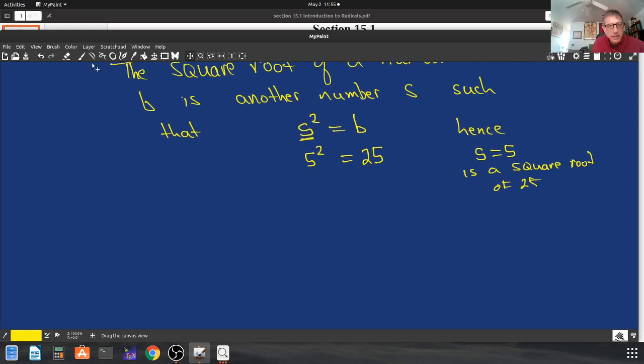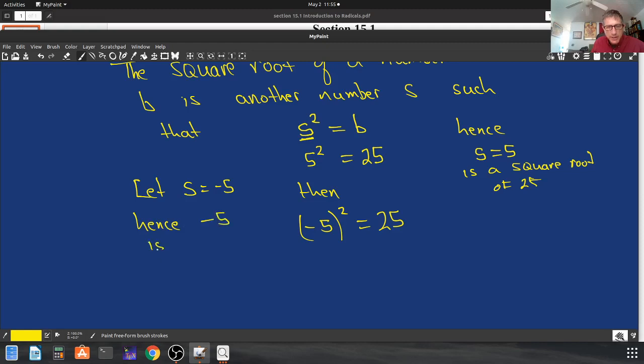Let's do one more thing here before we look at some examples. I want to show you that every positive number has two square roots. Let s equal minus 5. Then minus 5, that's our base, squared, is also equal to 25. Hence, minus 5 is a square root of 25.